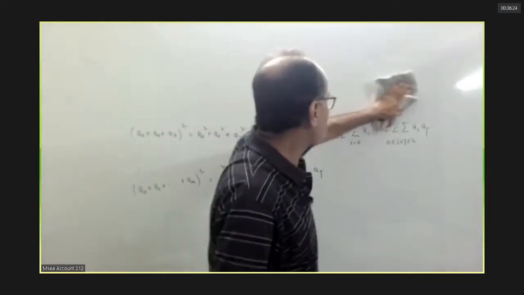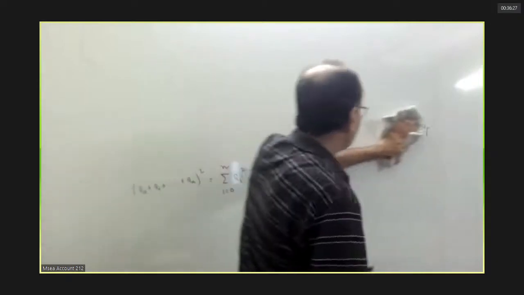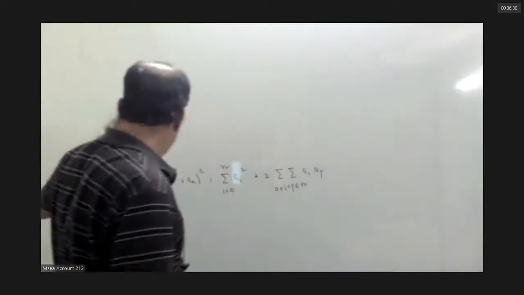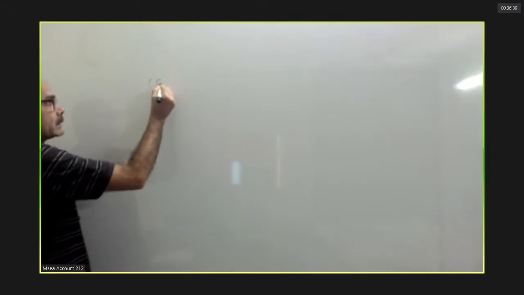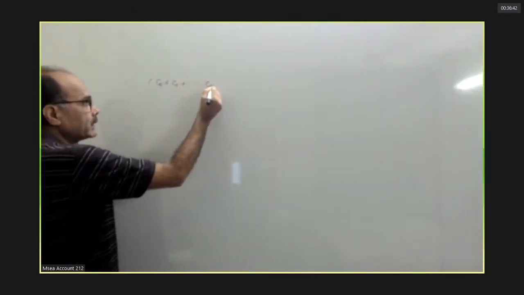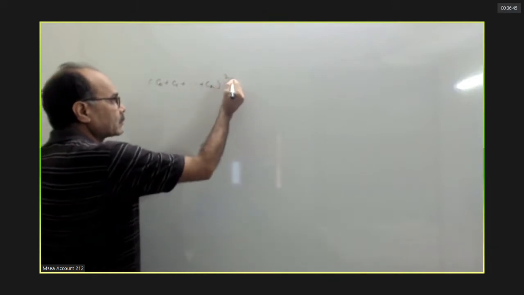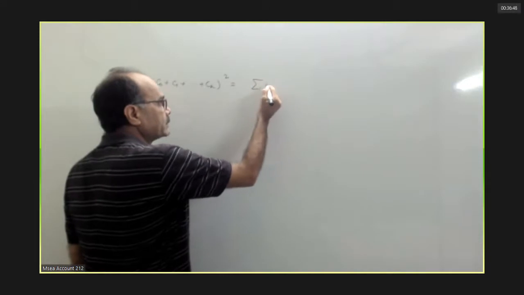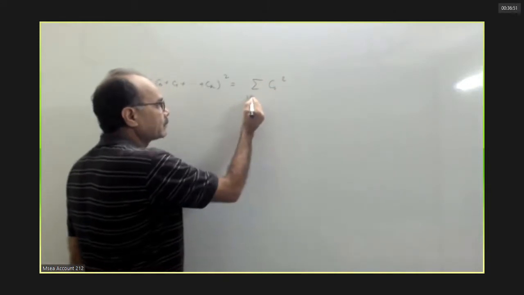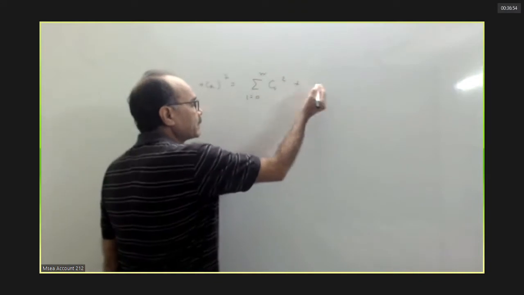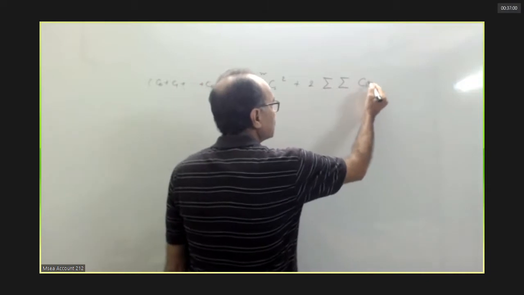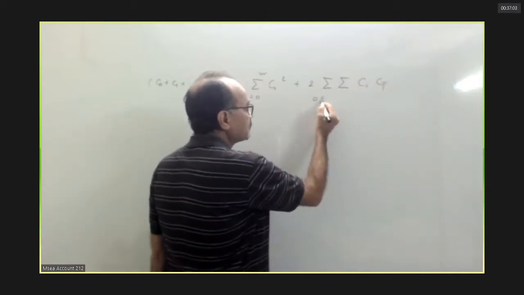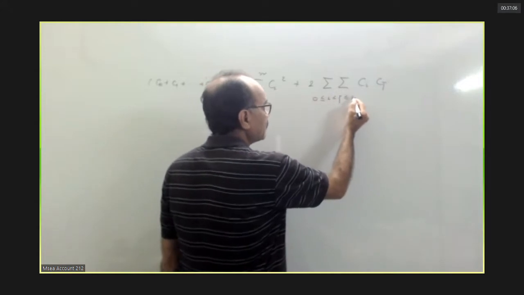Now come to our original point. C0 plus C1 plus up to Cn whole square equals summation of Ci square, I going from 0 to n, plus 2 times double summation of Ci Cj, 0 less than or equal to I less than j less than or equal to n.